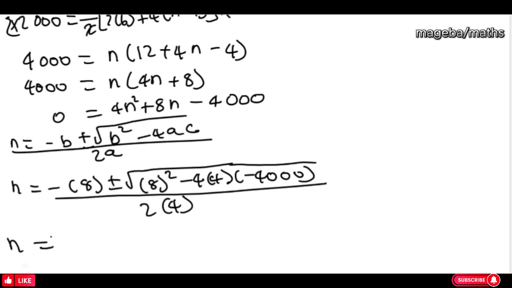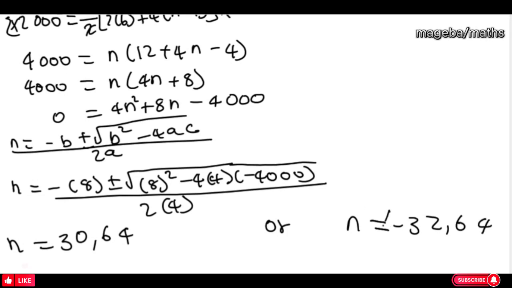And then you can punch your calculator and what you are going to get is our first n, it's 30.64, then our second n is negative 32.64.